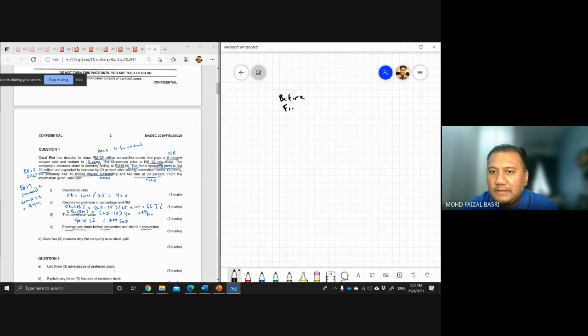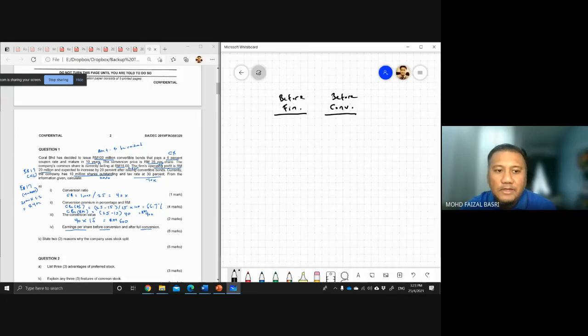Kita ada before financing, the first one. The second one kita ada after financing ataupun before conversion. Kita boleh guna kata before conversion.